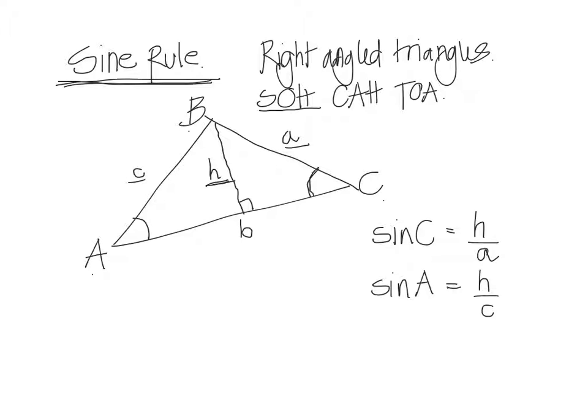Now I'm just going to rearrange those two equations over here. And I am going to, as we've done many times before, multiply both sides by A, and that will give me that H is equal to A sine C. And I'm going to do the same here.